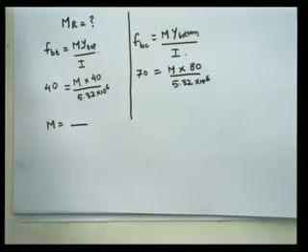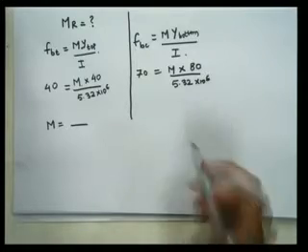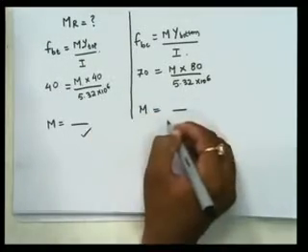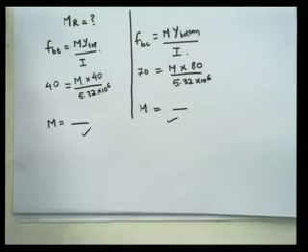Okay, so we can get the values of m from both these values, whichever is minimum that we have to take.